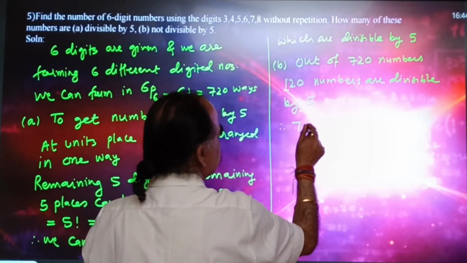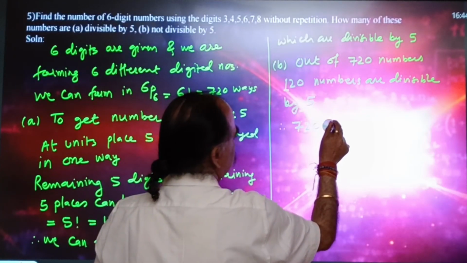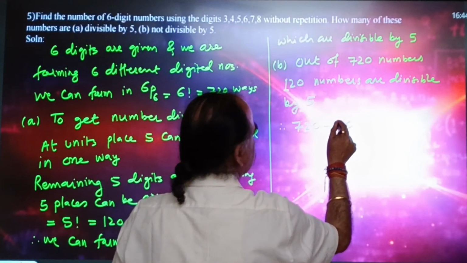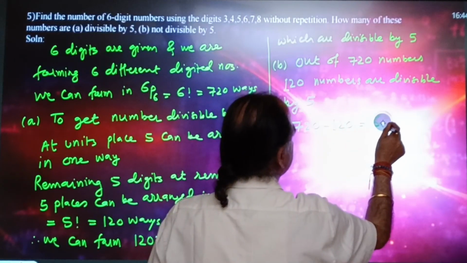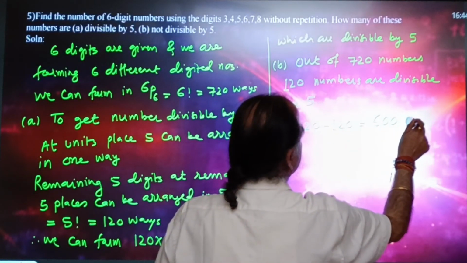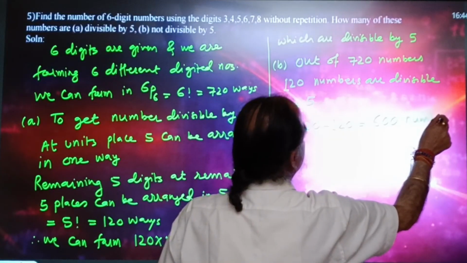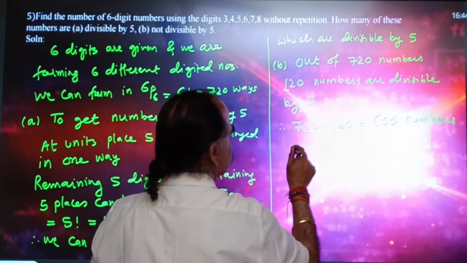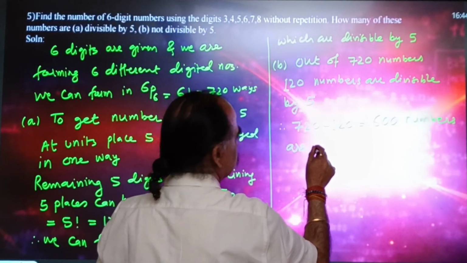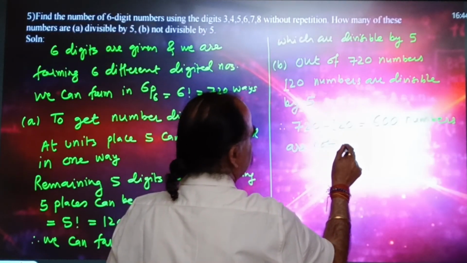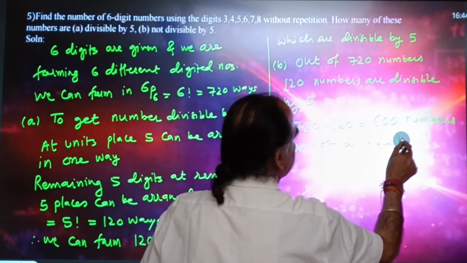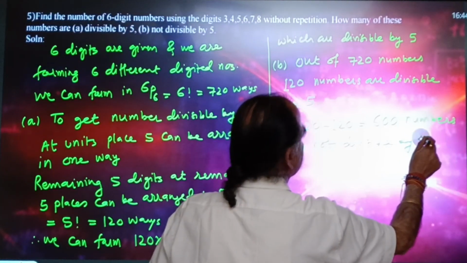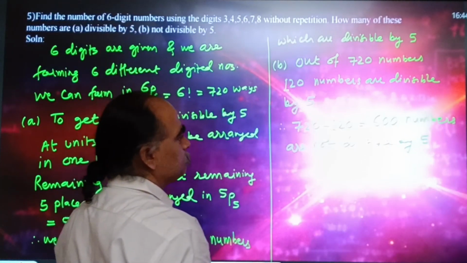Therefore, 720 minus 120 is equal to 600 numbers that are not divisible by 5.